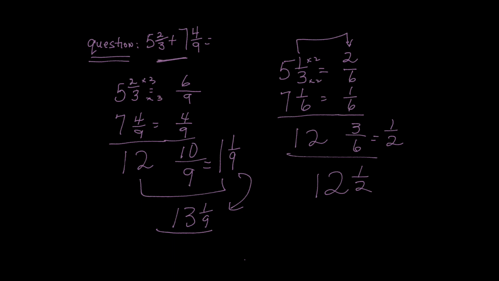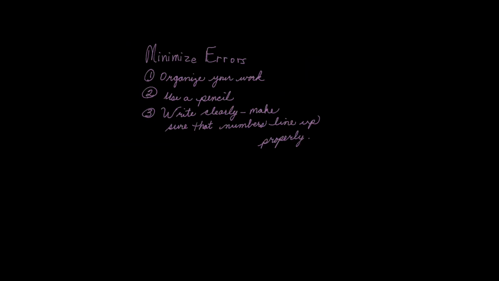Okay, so to recap what we've done, we talked about how to reduce errors, and so here is the list that we referred to earlier. We said that you should organize your work, and that meant making sure you have enough space to do your calculations.